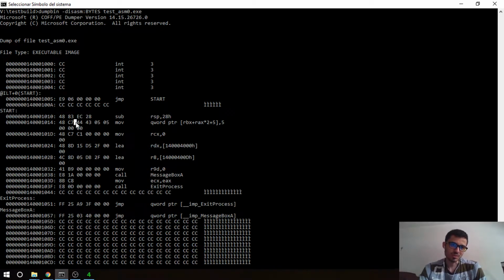But it's not too difficult. This is SIB and this is ModRM, and this is the opcode table. Cool. That's nice. 48, 67, 44, 43, 55, 55.